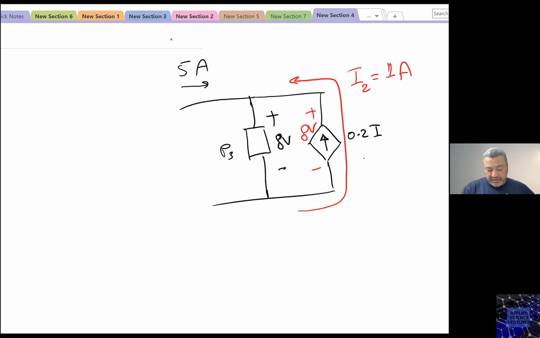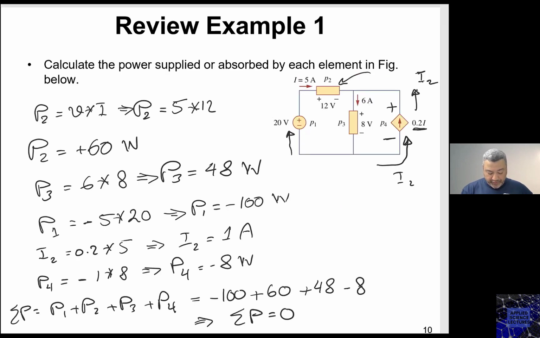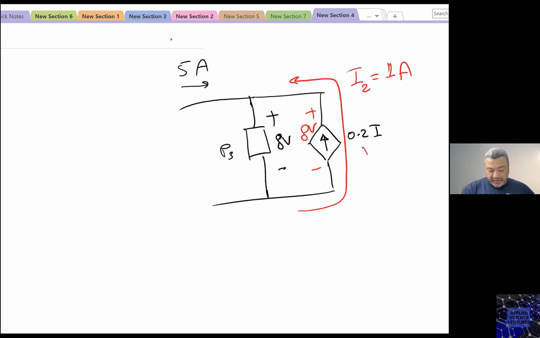And in this case, this one was the P4. So I have P4 here being negative, I2 times 8.